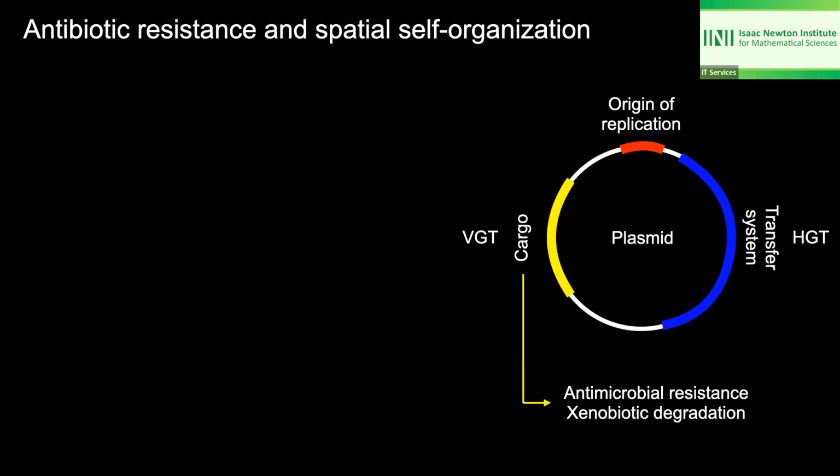They contain machinery that enables their transfer to other species. And what is quite interesting is they also carry cargo genes that provide context-dependent benefits to the host. Of course, antimicrobial resistance and xenobiotic degradation are well known, but it can also ensure or improve their vertical transmission. So I think it's extremely elegant that you have such a small system that enables both VGT and HGT in an amazingly effective manner.